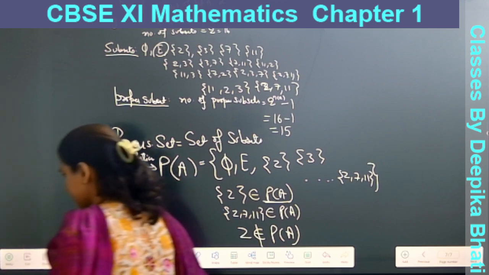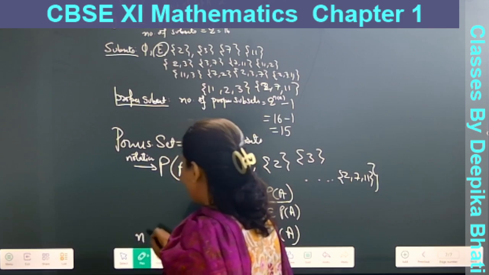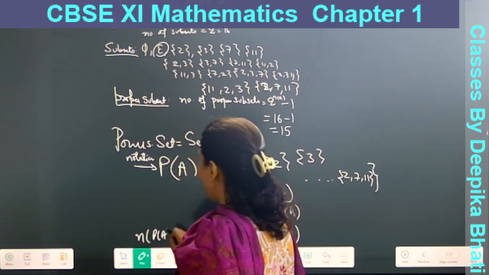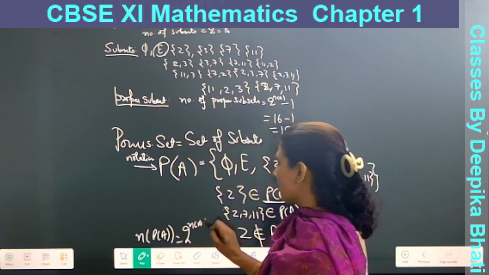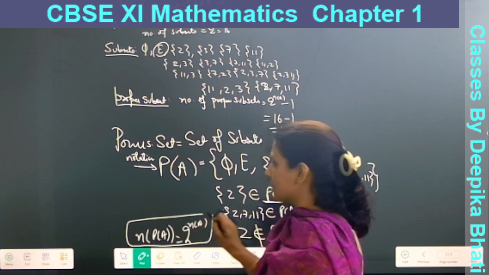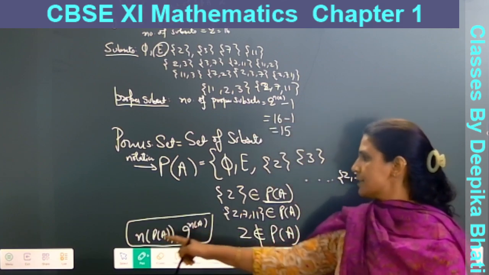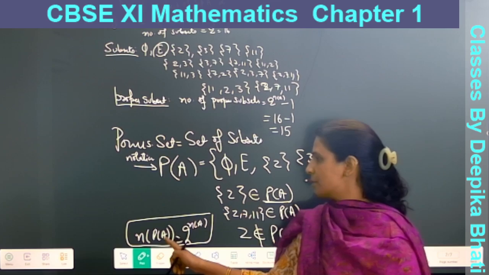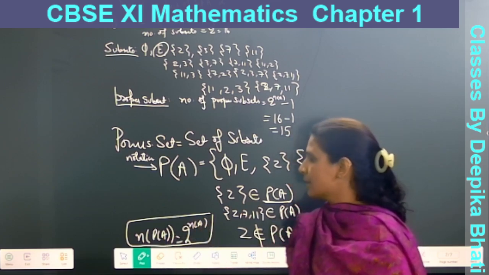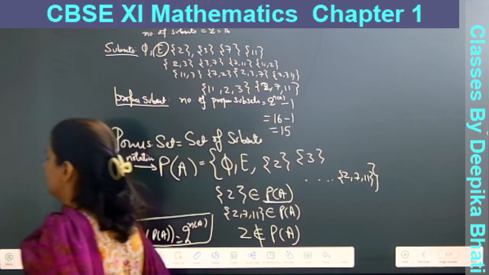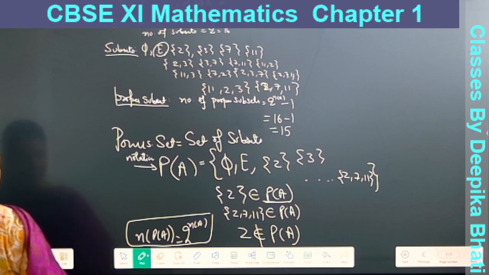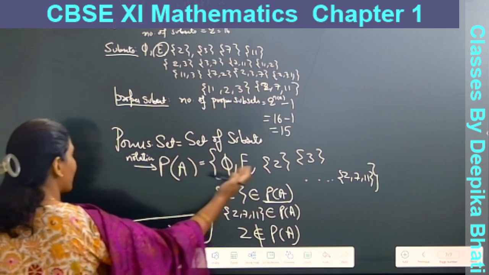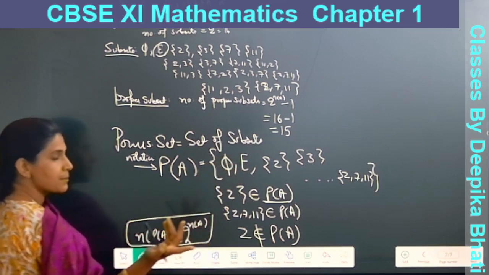Okay, so sets can also be a part of a set as an element. So at the end, can I write that the number of elements in the power set is the same as the number of subsets? Yes, Harish. Yes, we can, because what we are keeping in the set are the subsets only.